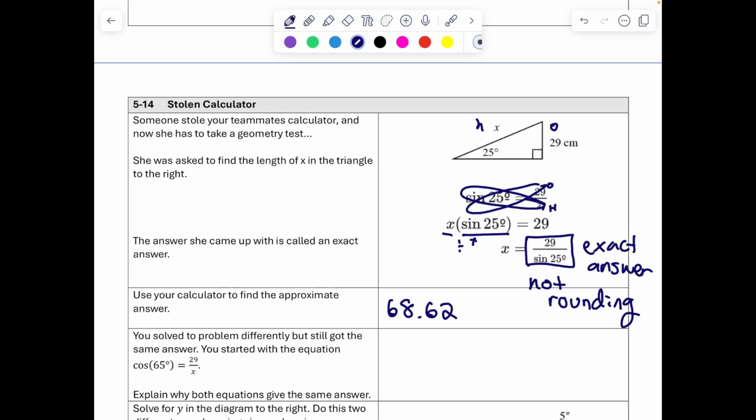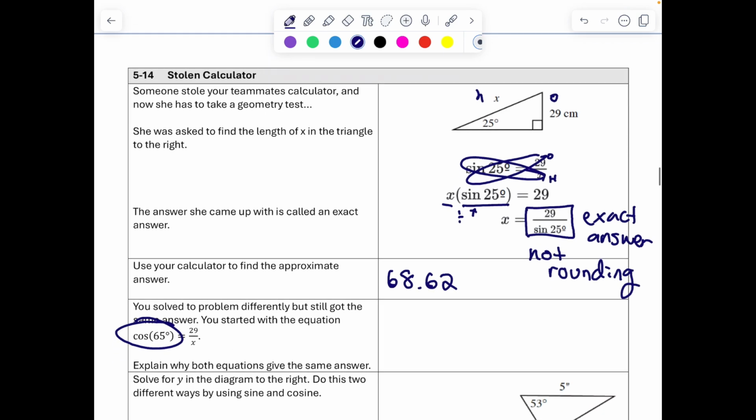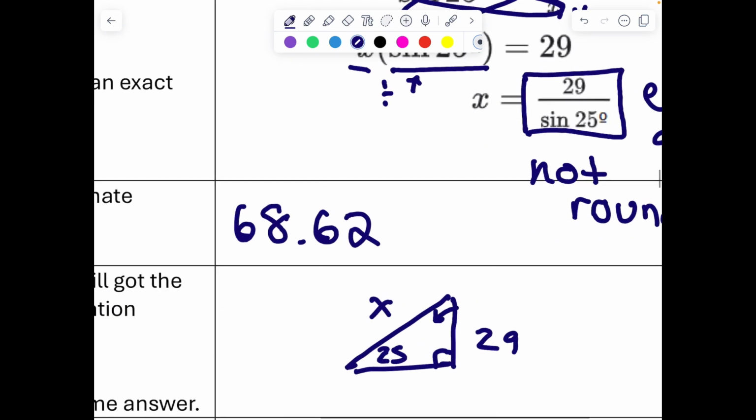So apparently we solved the problem differently, but still got the same answer. We started with the equation cosine of 65 equals 29 over x. Well, if we redrew this triangle, this missing angle here is 65 in order to get us 90 degrees. So if we use that angle instead, this is now our adjacent and this is our hypotenuse.